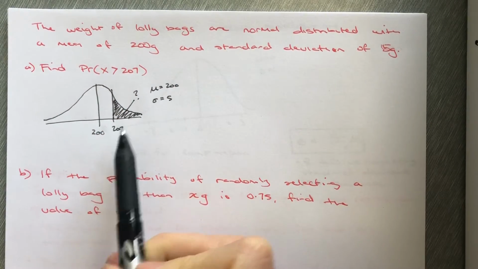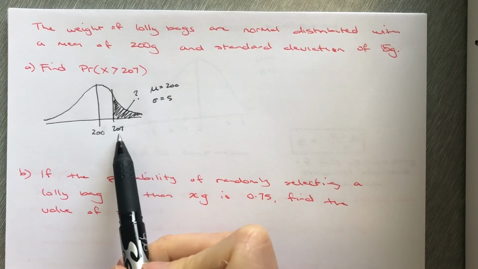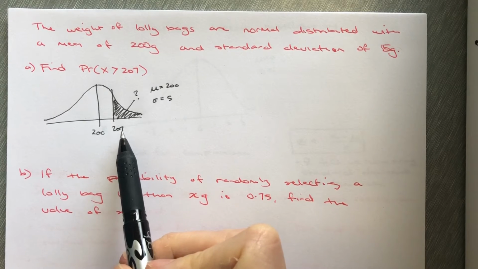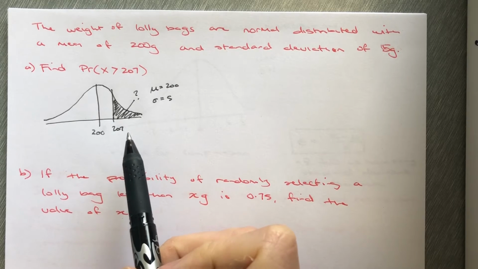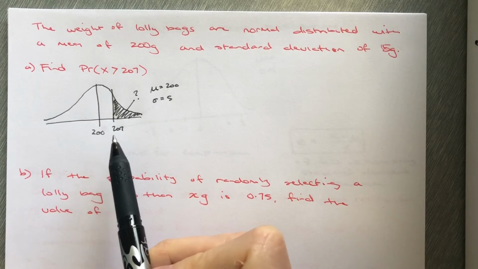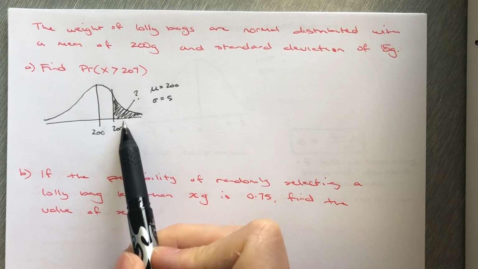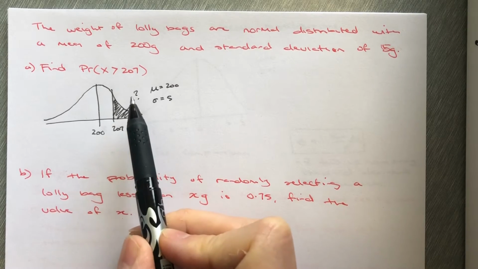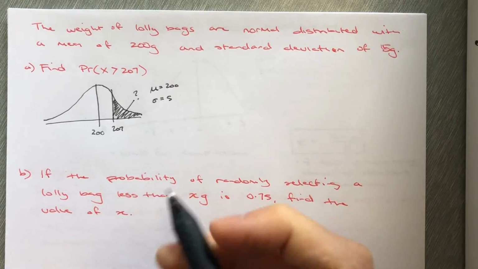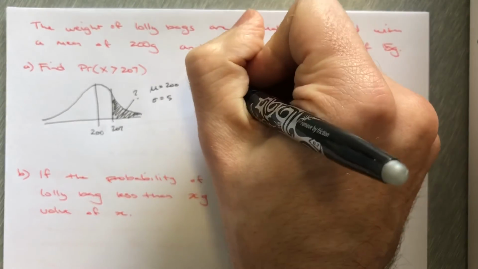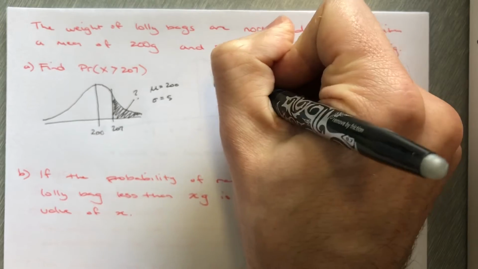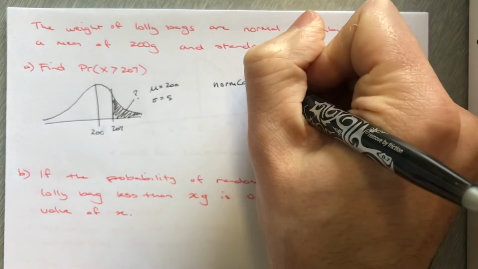Now, 207, if the standard deviation is 5, means it's a little bit above one standard deviation above the mean. Now, I've been given an x value, this is the x value, and I want to find the probability. So if I'm given an x value and I want to find the probability, I'm using normal CDF. Norm CDF.